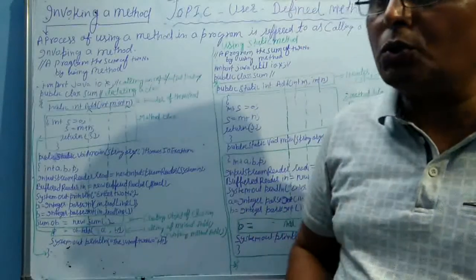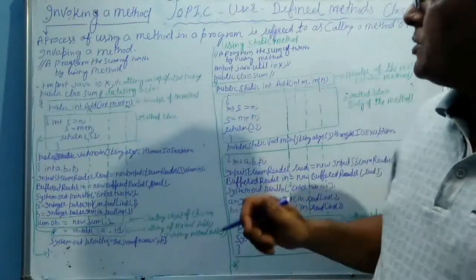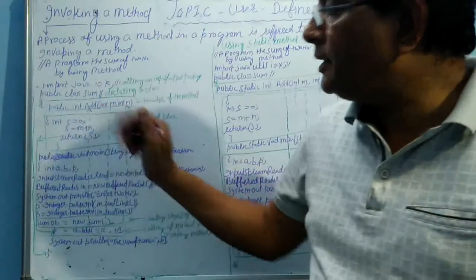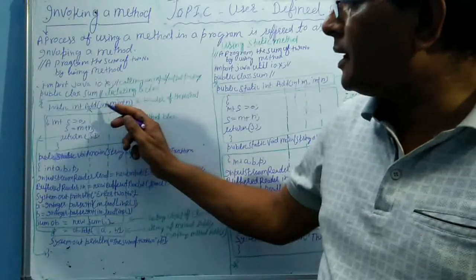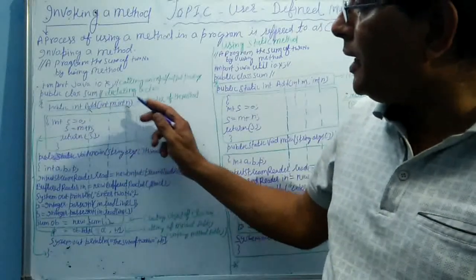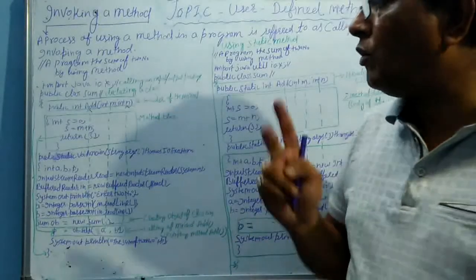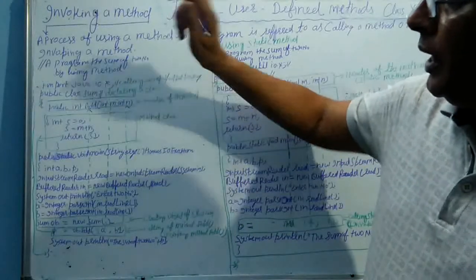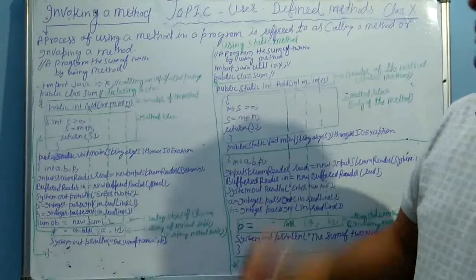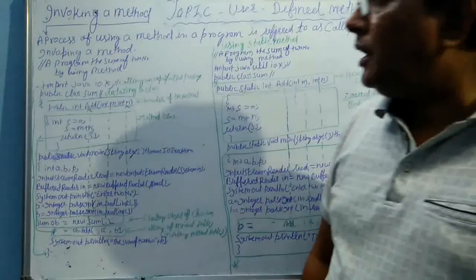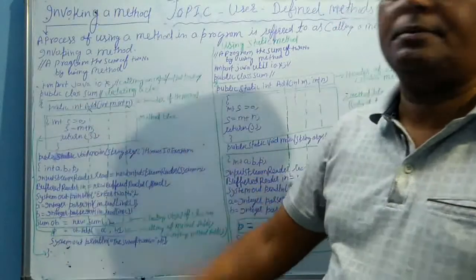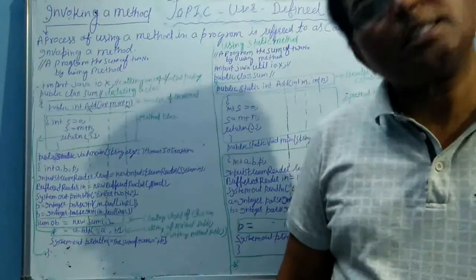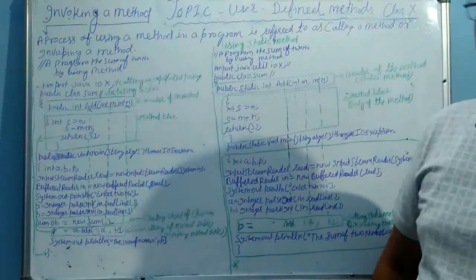I have already told you, when you use the header, you have to specify public integer add, integer m, integer n. We are making the program for the sum of two numbers, one is m, one is n, and both are integer data type. And public is the access specifier. Clear?